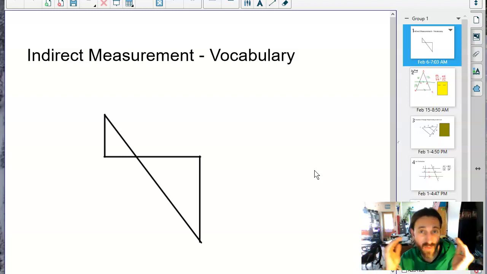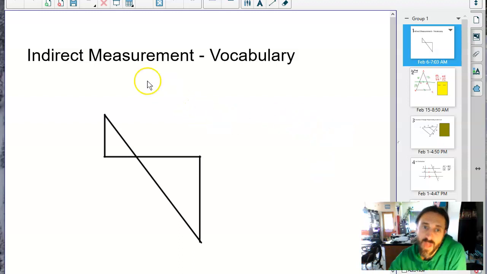When we say we've got similar triangles, then I can figure out relationships on one triangle and apply it to something else. And the vocabulary word that we're really talking about here is indirect measurement. The idea is you can use formulas, proportions, measurements, whatever, on one object, and using those tools, you can figure out what the dimensions are on another object.